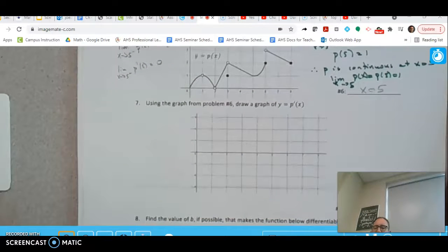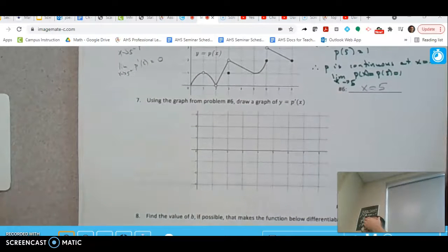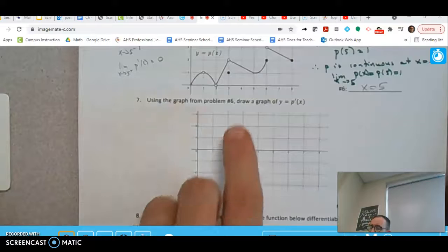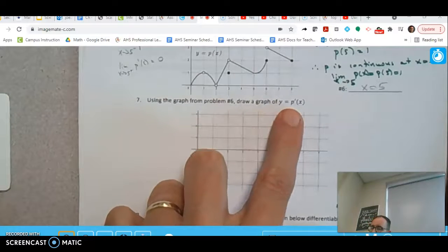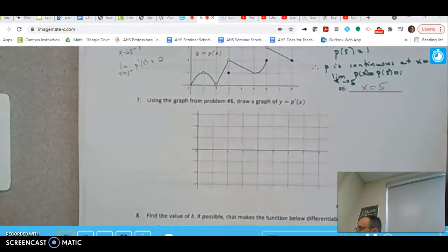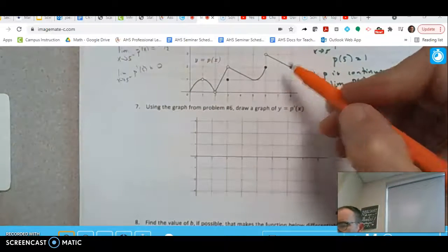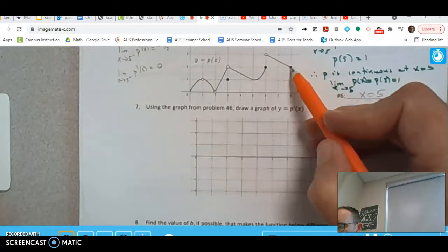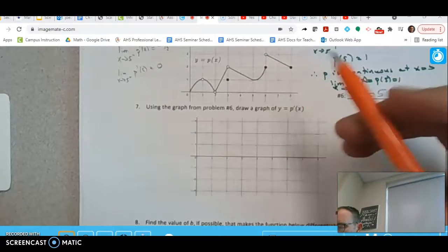So in question number 7 then, it says, what would be true about the graph of the derivative of p? We kind of hinted at that a little bit in the previous question. As we go from x equals 6 to x equals 7, we see that we always have a slope of negative 1 over 2.